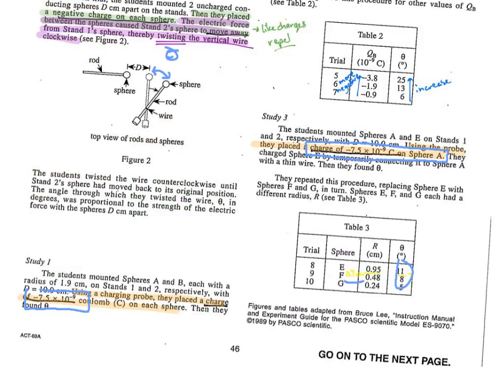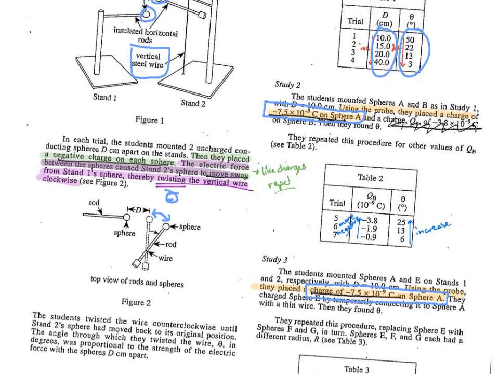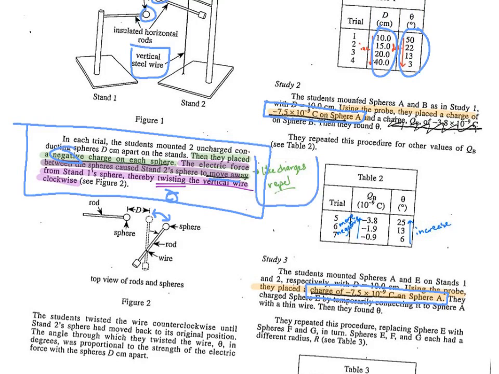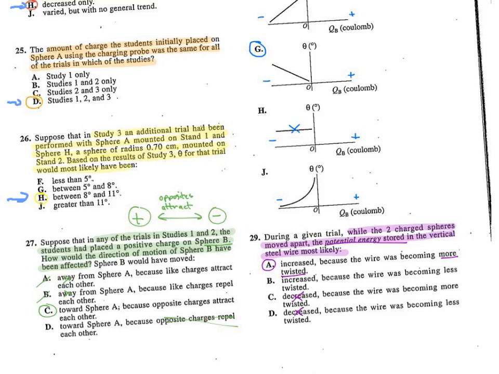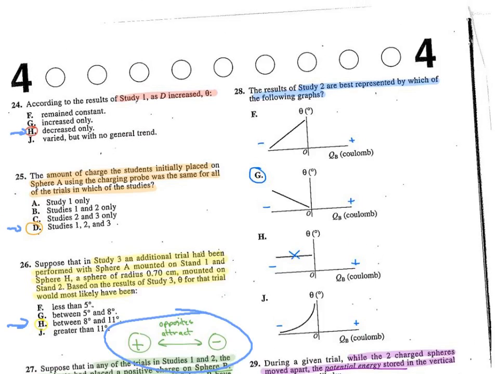So what they were doing in these charges, they were placing the same charges, and that would cause those spheres to move away from each other because like charges repel. So it's asking if you had, instead of two like charges, a positive and negative. Well, we know opposites attract. So they would move towards each other because opposite charges attract. They don't repel, they attract. So 27 would be C.